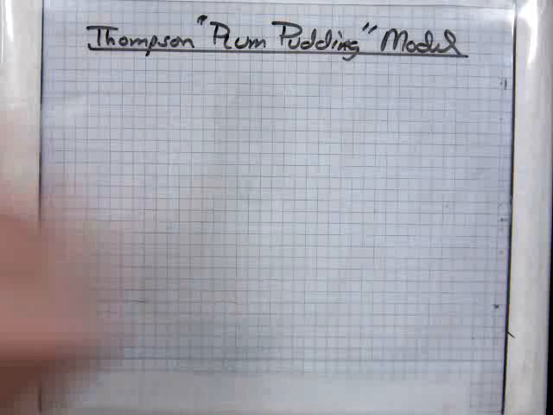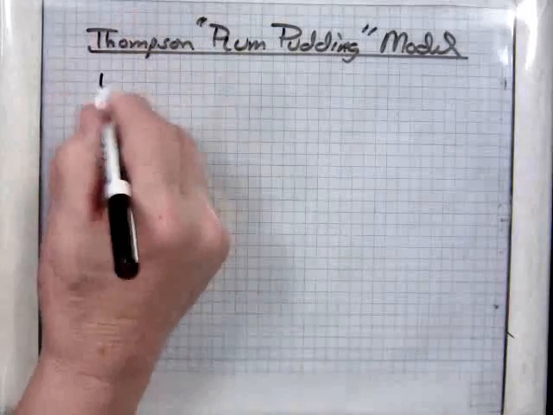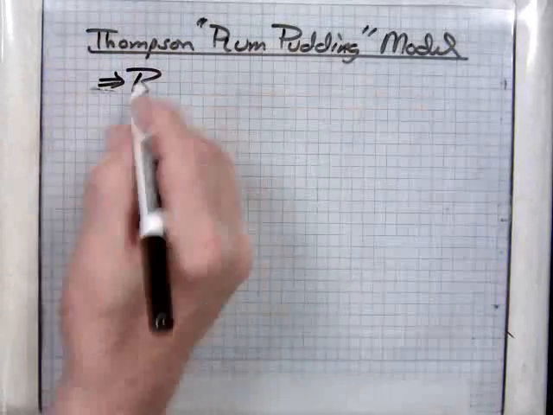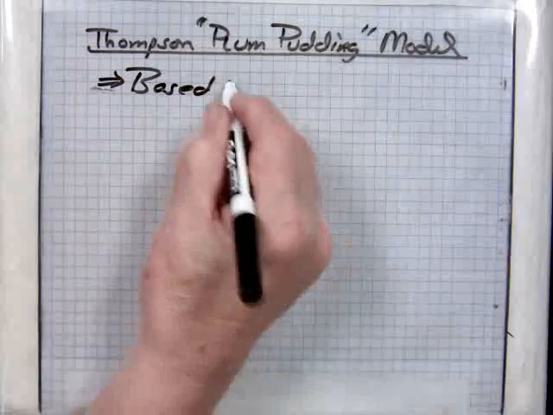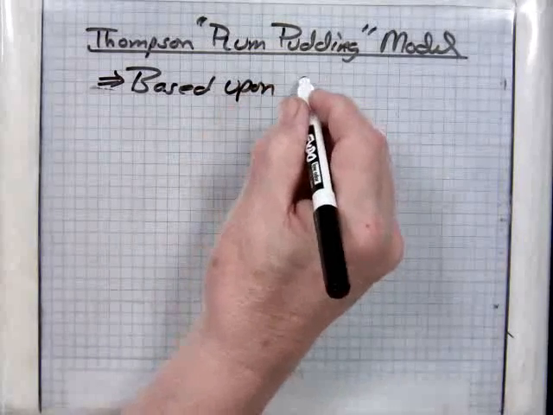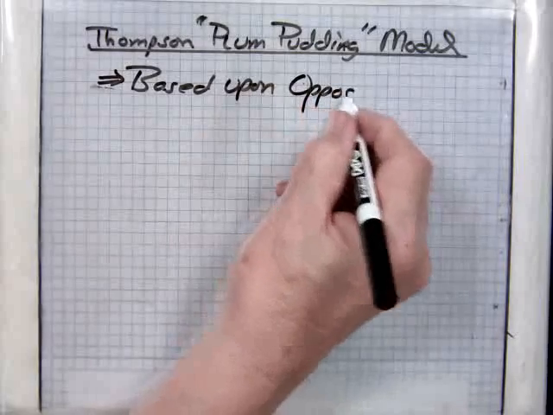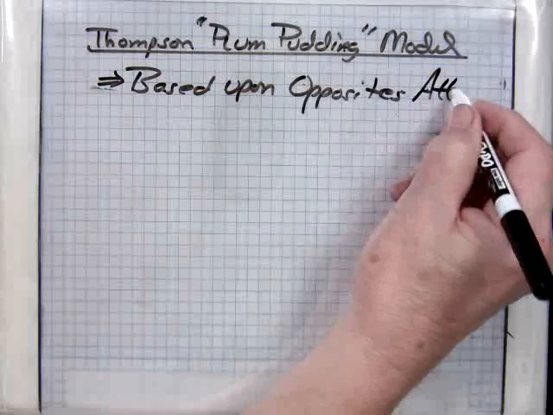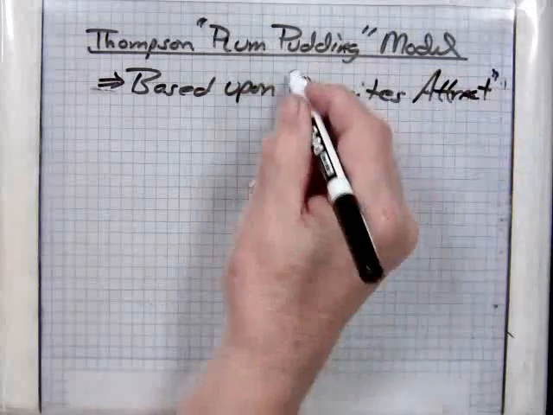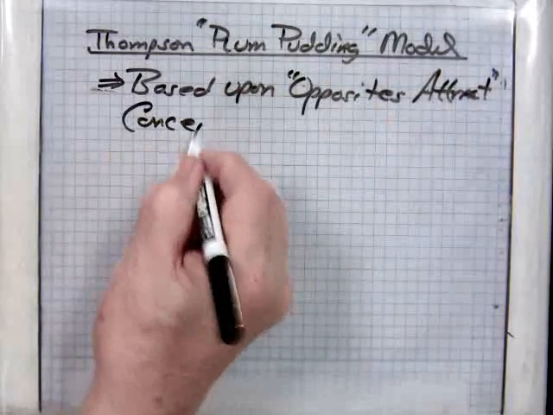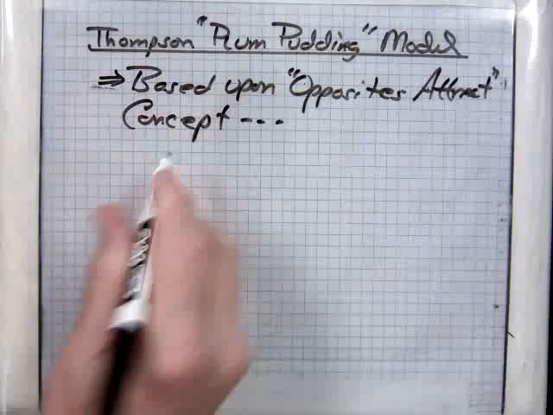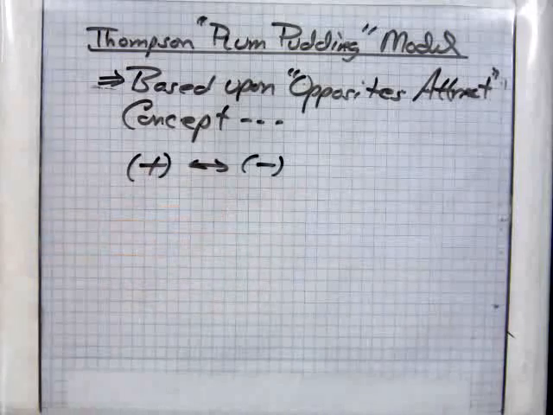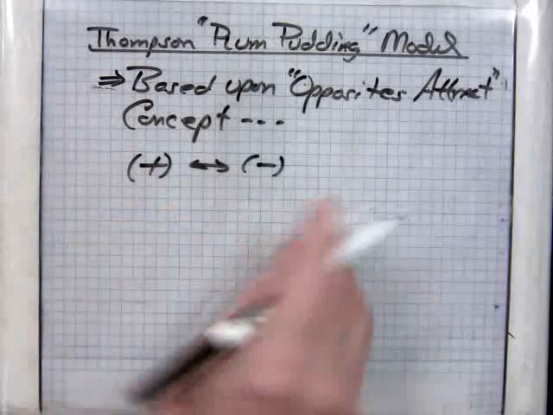And at that time, the scientific community understood that this plum pudding model is based upon opposites attract concepts. That is, pluses attract negatives. That's what their concept was. I think we understood.